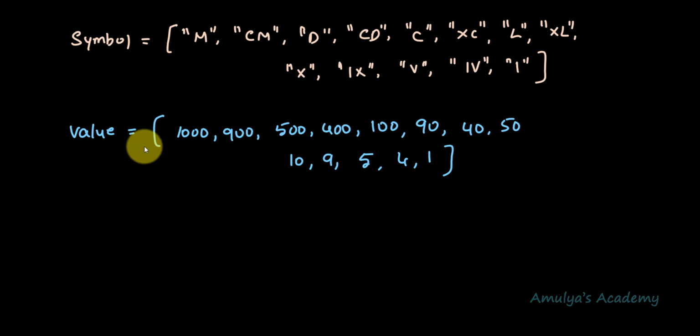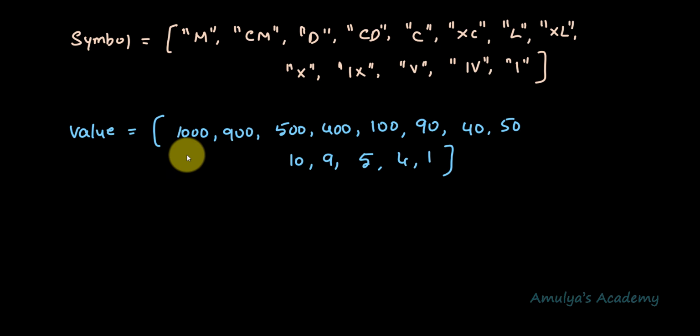And here we can see another list which contains values 1000, 900, 500. So I'm taking two lists. In one list I'm taking the symbols, and in the second list I'm taking the corresponding decimal values. Here 1000 is represented as M in Roman numerals, right? That's why I'm taking M and 1000 as the first value of the two lists. Next here 900, 500, 400 till 1, okay?